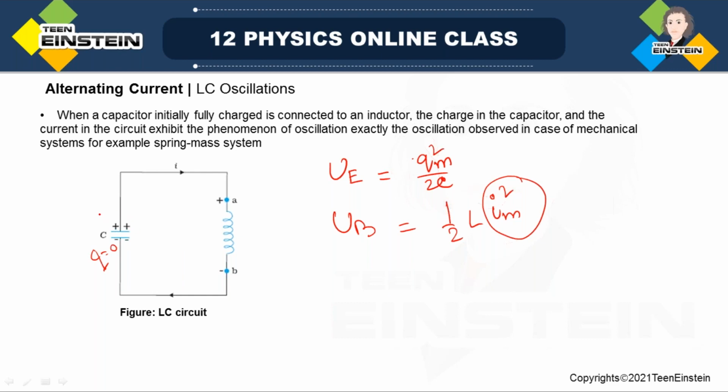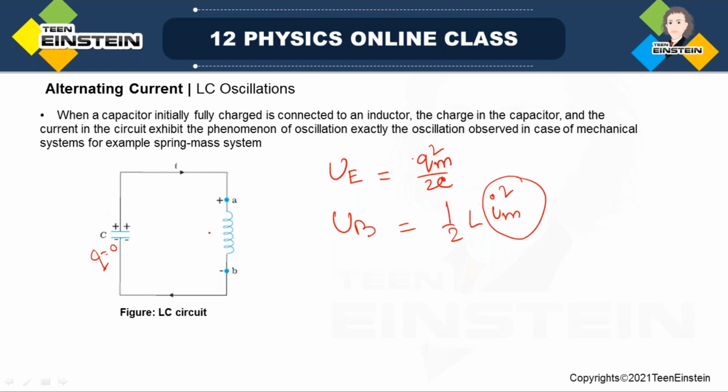Okay. So when this gets totally discharged, the inductor will start flowing current through the capacitor in the circuit. First the capacitor was sending current because it was fully charged, but there was no magnetic energy stored in the inductor coil in the beginning. Now when the capacitor is fully discharged, the inductor will start flowing current through the capacitor.